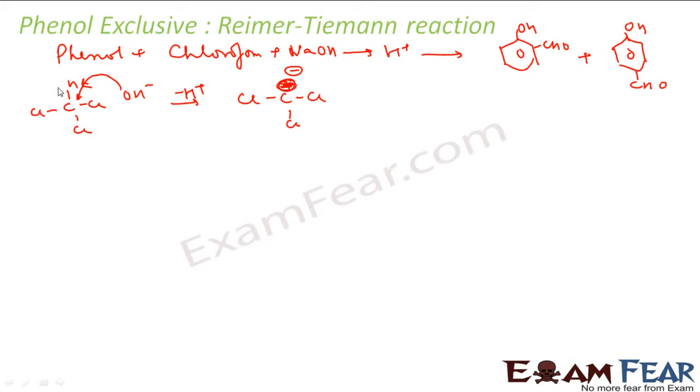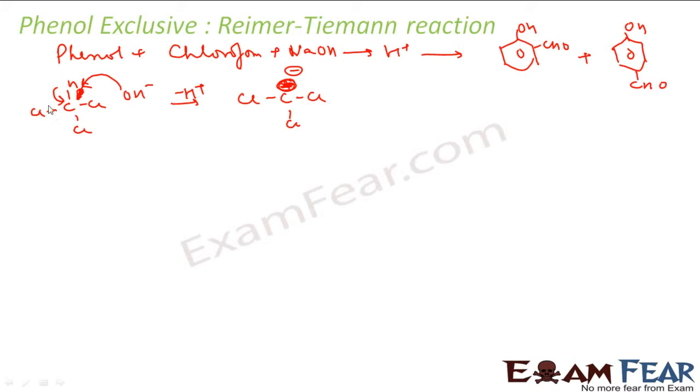This bond will break in this fashion, and this OH minus will attack this hydrogen. So it will be H plus and OH minus forming water, and this bond will break and this carbon will get a negative charge. Hope you understand.